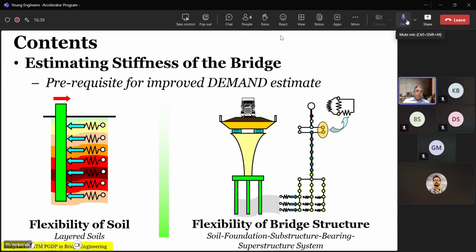Do you recall the combination rule? You all know that it is the combination rule related to multi-directional earthquake. Do you remember that? Yes.